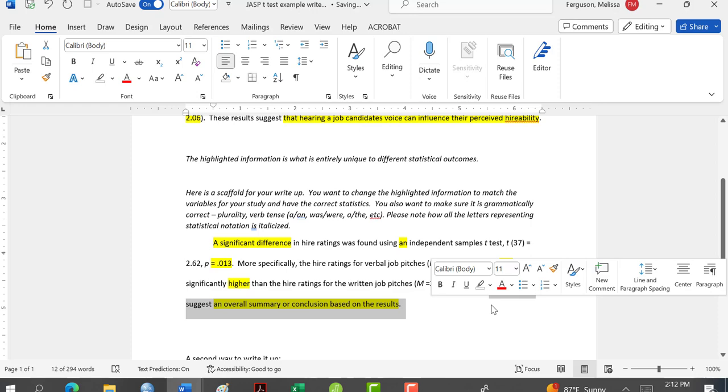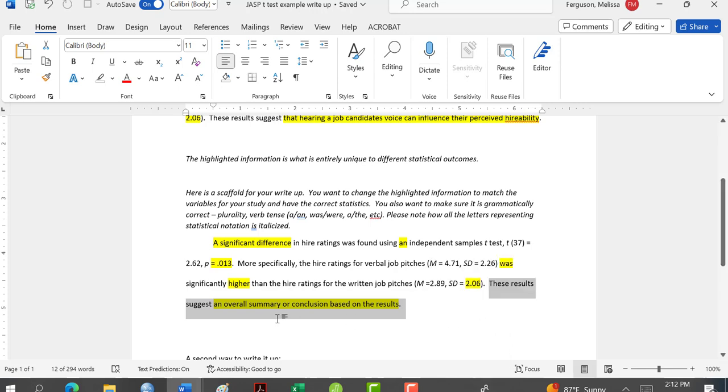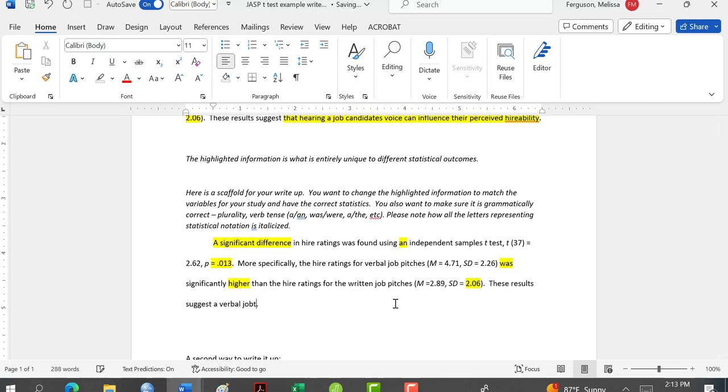This last sentence is going to give a summary or explain what the implications of those results are. Not a lot, because you'll go on in the discussion, which would follow, and do a lot more of that. But here, we're just going to give one sentence. These results suggest that a verbal job pitch is more effective than a written job pitch.